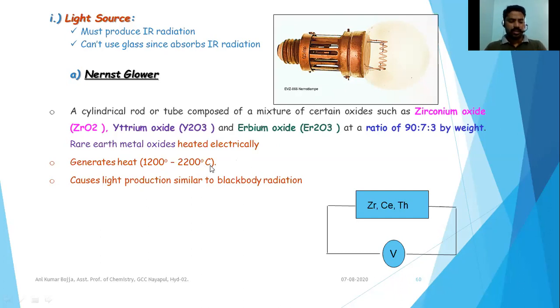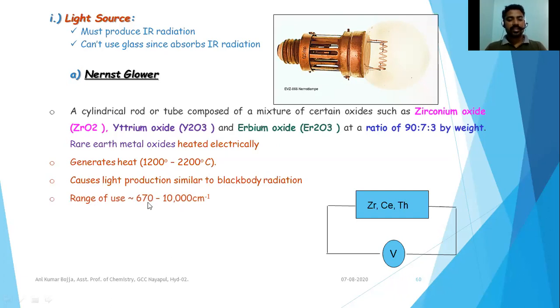Of course, from near IR to mid IR to far IR, it will produce radiation. It causes light production similar to black body radiation: once it gets heated, it slowly releases the radiation, a phenomenon we observe in the case of black body radiation.